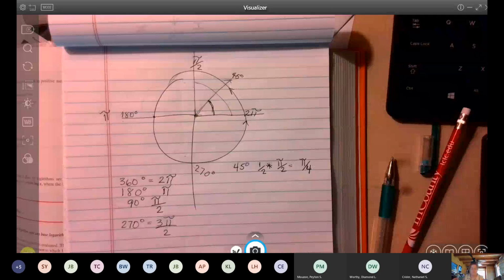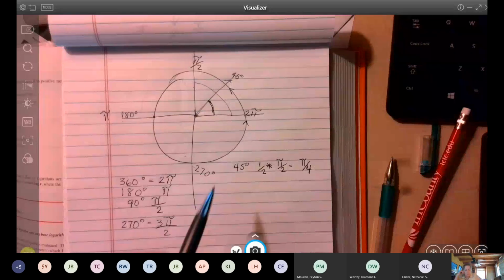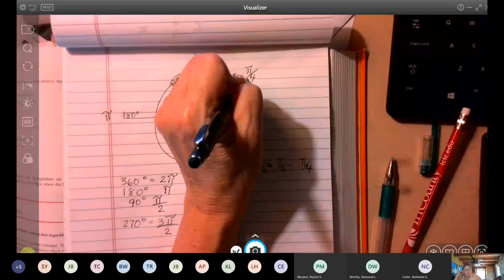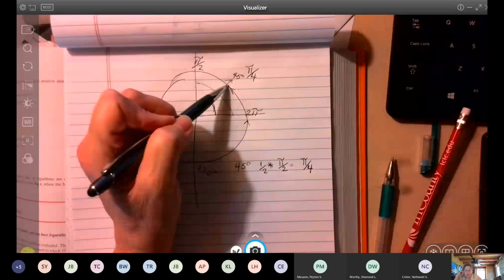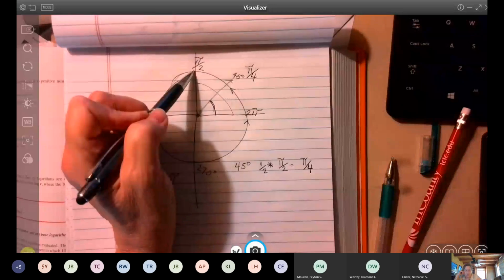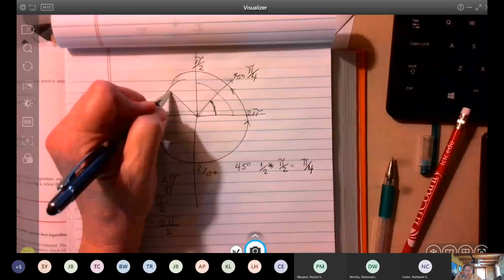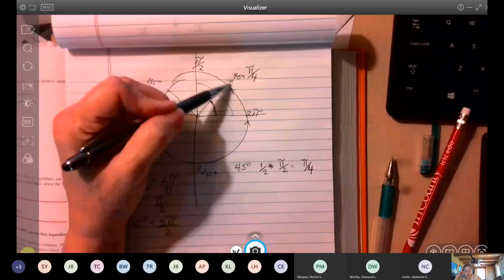So then if we've got here pi over 4, we've got pi over 2, so 1 pi over 4, 2 pi over 4 is going to be pi over 2, then what is 135 degrees going to equal? One pi over 4, 2 pi over 4, 3 pi over 4.